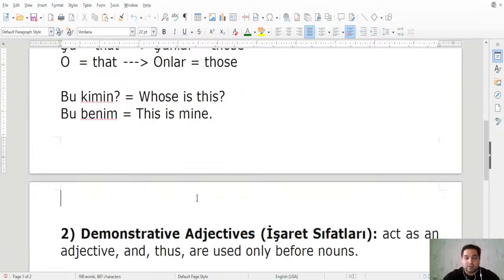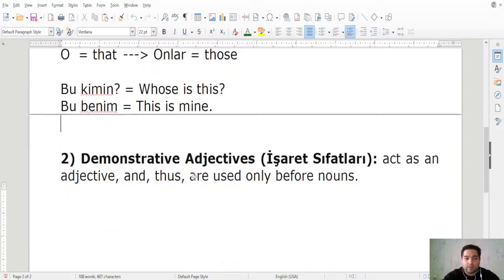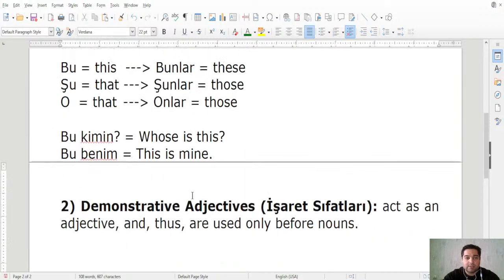Or you can say, for example, don't forget that we can add endings, right? The case endings. Let's add an ending to this. Bunu kim yaptı? Who did this? This is of course accusative case, right?